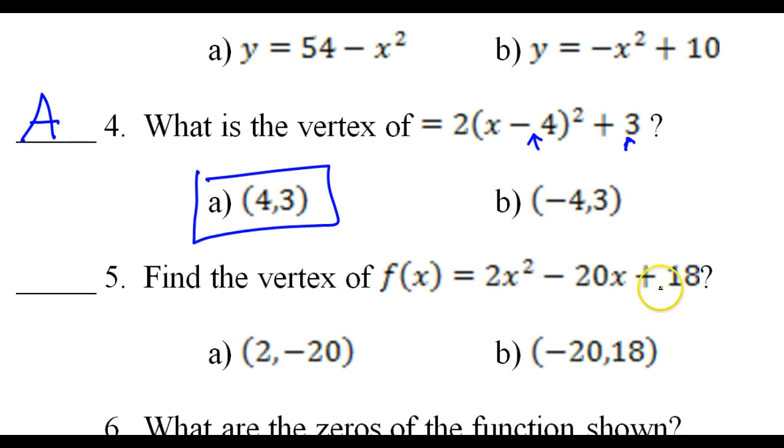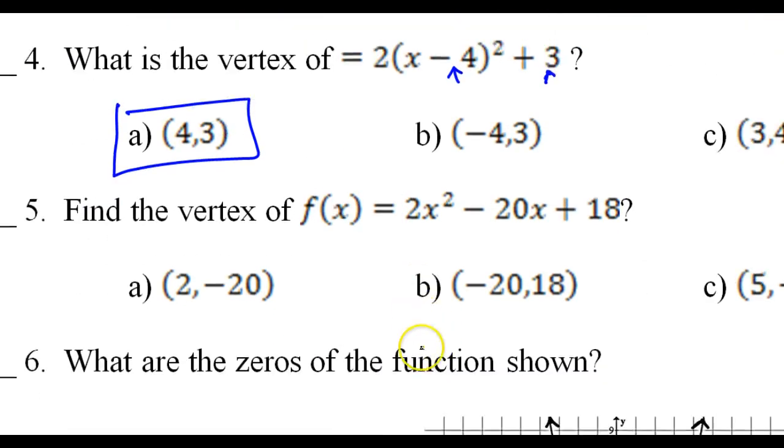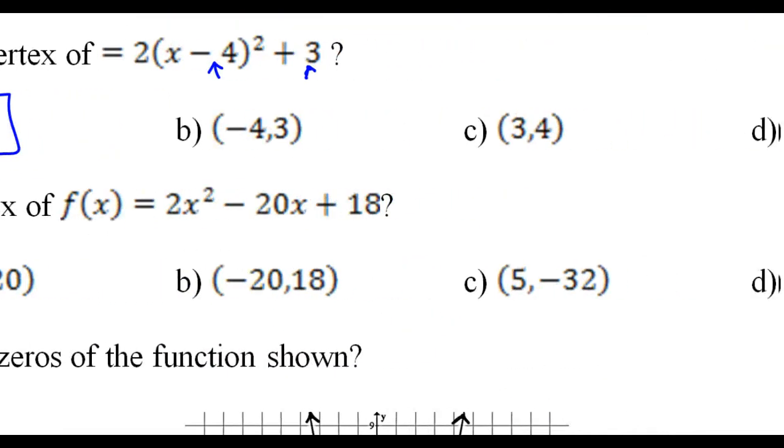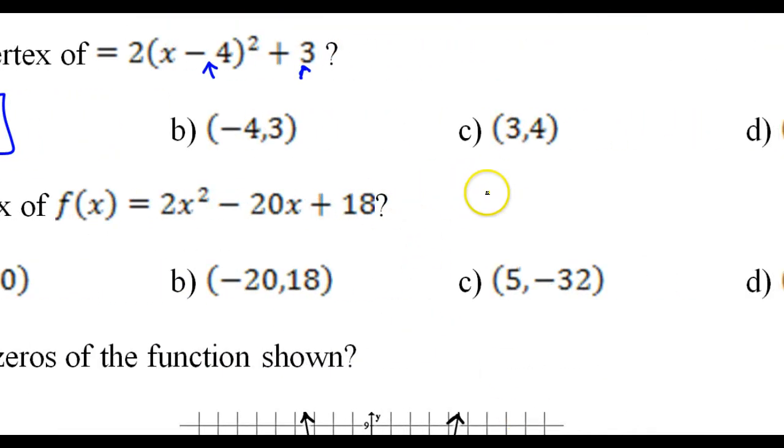Now, on the other hand, look at number 5. We're given this, and we need to find the vertex. Well, there's a bunch of ways that you can do that. But one way to find the vertex is to realize that the x-coordinate of the vertex is always going to be opposite of b over 2a. So let's do that.